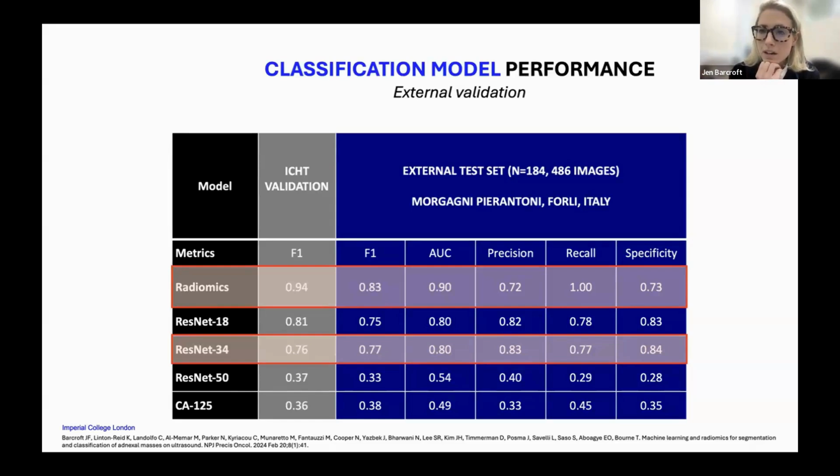And actually, within our data set, in this external validation set, we didn't miss any cancers. Of course, we had an overcall rate, and that resulted in a number of patients being prompted to have further investigation, but we didn't categorize those with a cancer as being low risk, which is really important when thinking about a triage tool.